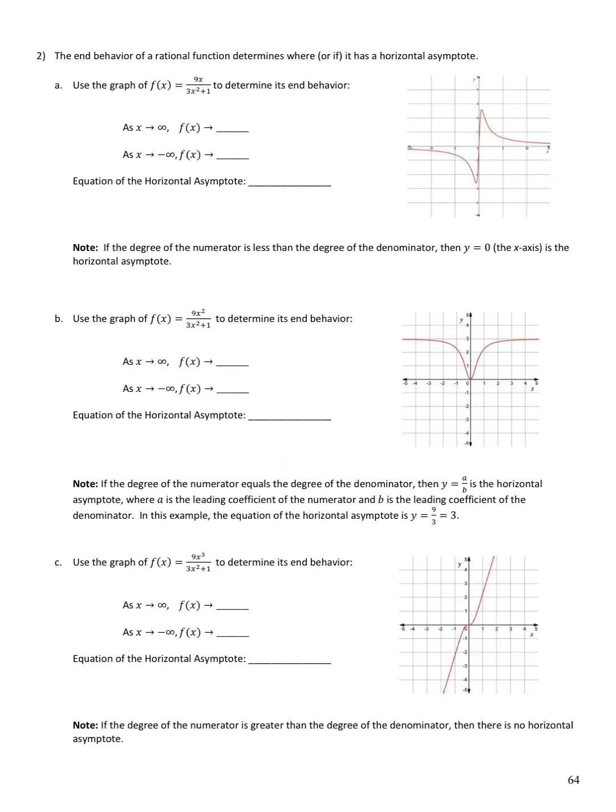Number 2, the end behavior of a rational function determines where or if it has a horizontal asymptote. So part A, I want to use the graph of the function f of x equals 9x over 3x squared plus 1, graphed over here for us, to determine its end behavior. So as x goes to infinity, what happens to y?